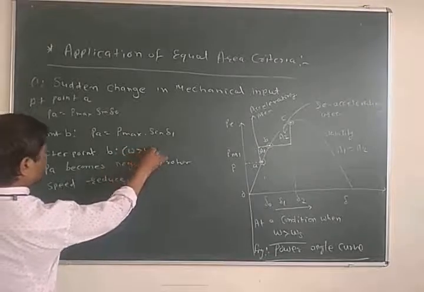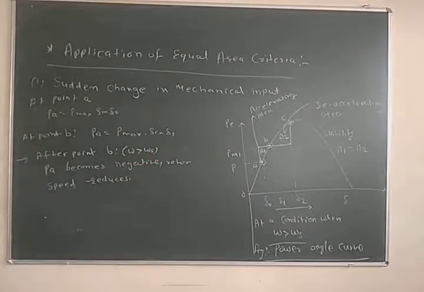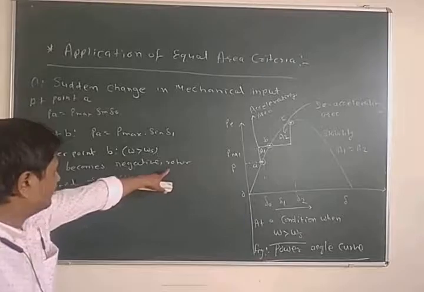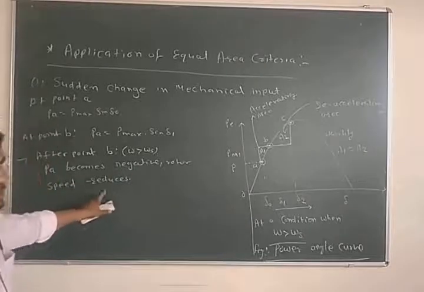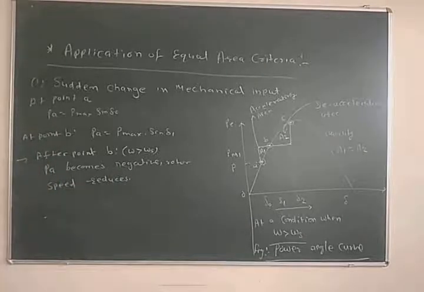Because after point B, when speed increases, then it will be greater than synchronous speed. And when rotor speed is greater than synchronous speed, accelerating power will be negative, which reduces the rotor speed. And we can say that it is the decelerating phenomenon.